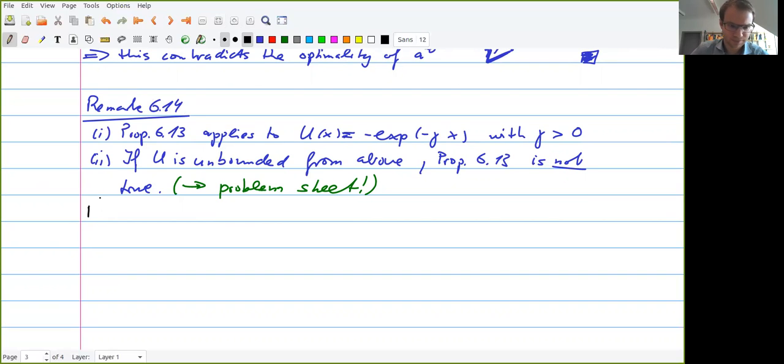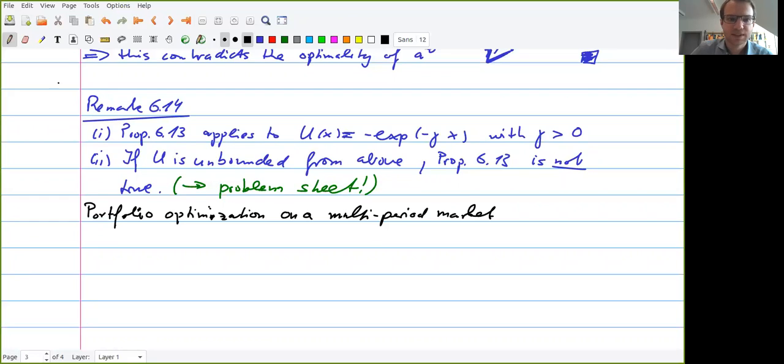So let us come back to the portfolio maximization problem on a multi-period market. Okay.